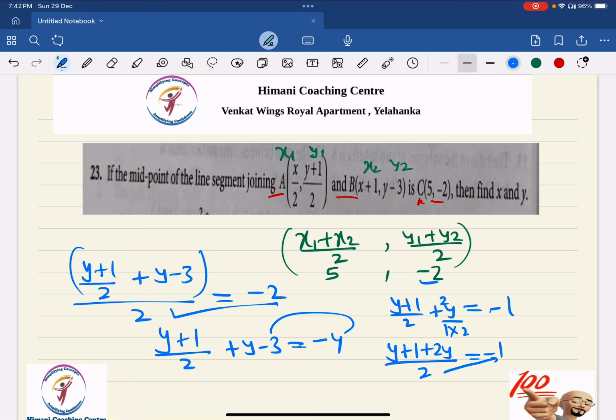Again, this 2 will go up, get cross multiplied. 2y + y is 3y. So 3y + 1 = -2. 3y = -2 - 1, which is -3, and y = -3/3, which is -1. So we have found both x and y.